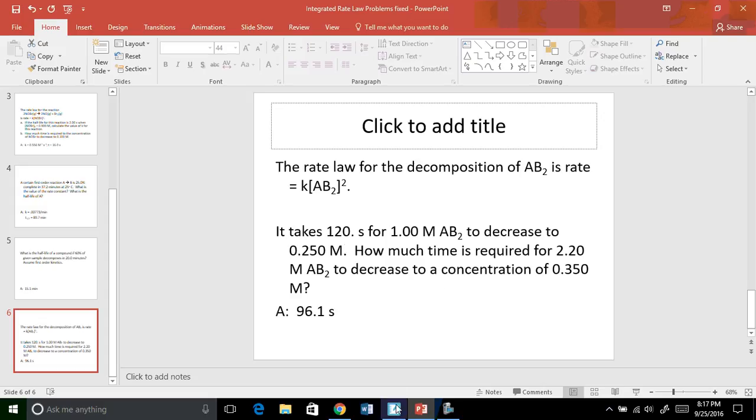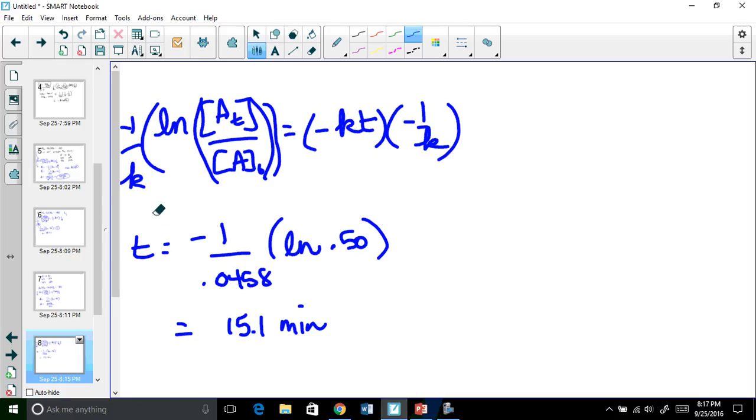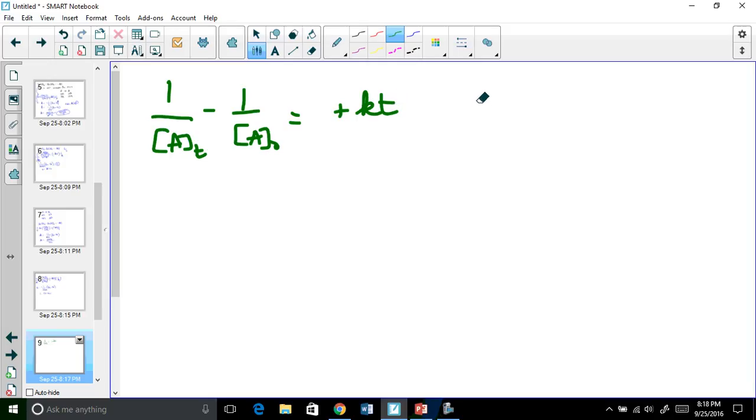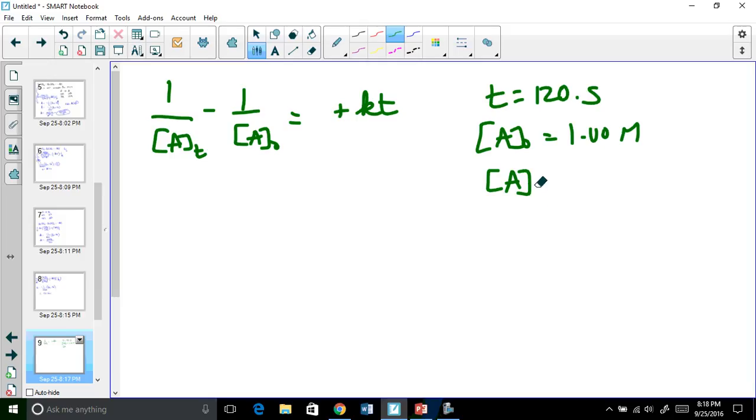And so the first thing you've got to do, and notice it's second order, so we don't use a log, it's 1 over the concentration at the time, which is 120 seconds, minus 1 over A sub 0 equals positive kt. Well, the interesting thing here is we know the time is 120 seconds. We know the initial concentration is 1 molar, and we know the concentration at 120 seconds is 0.25 molar.